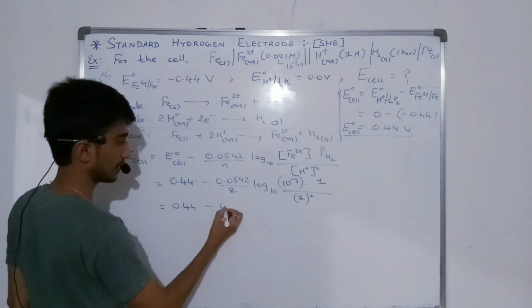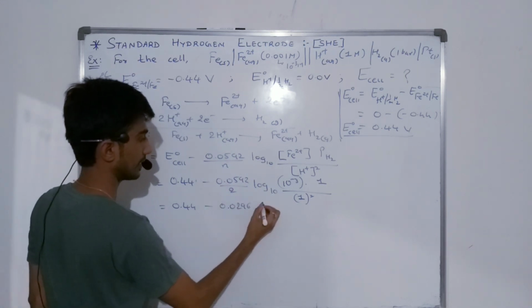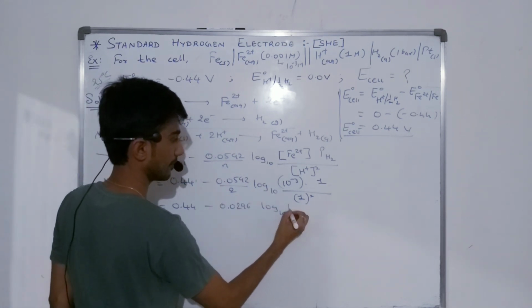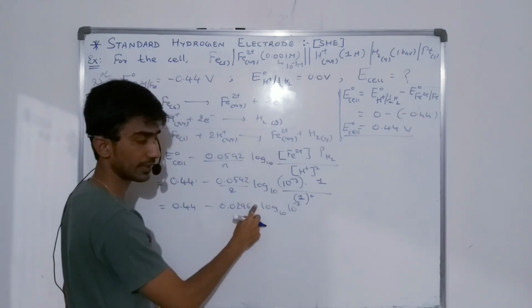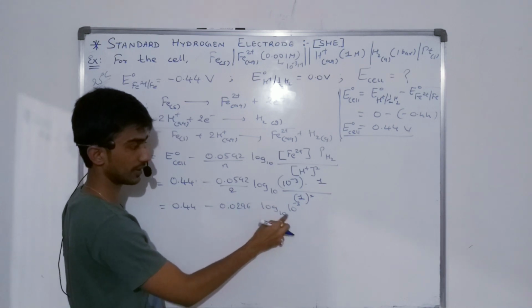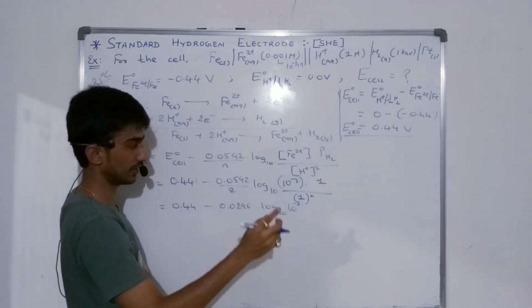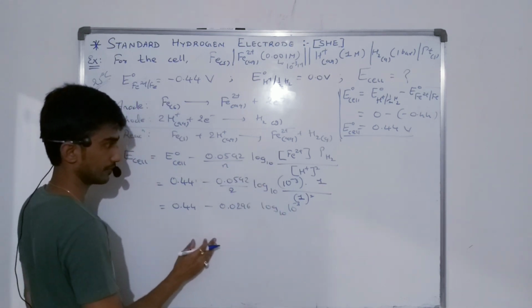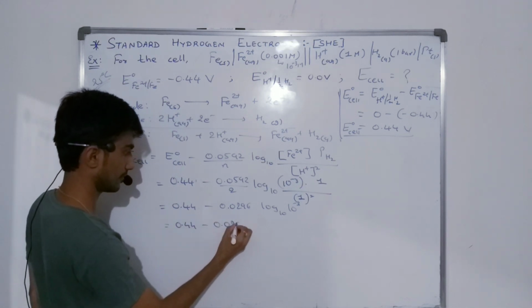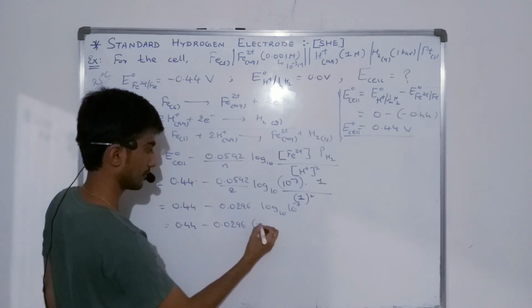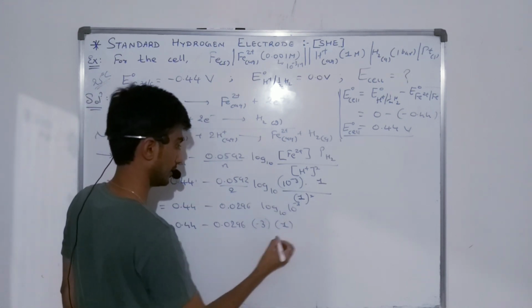0.44 over here minus 0.0296 log base 10 to the 10 raised to minus 3. Now what will happen? ये minus 3 आगे आ जाएगा. This minus 3 will come over here and the value of log base 10 to 10 is 1. Into minus 3 into 1.